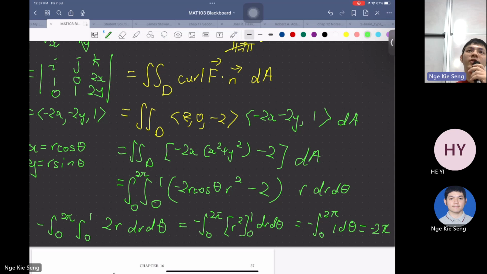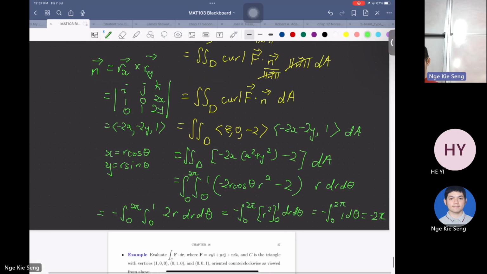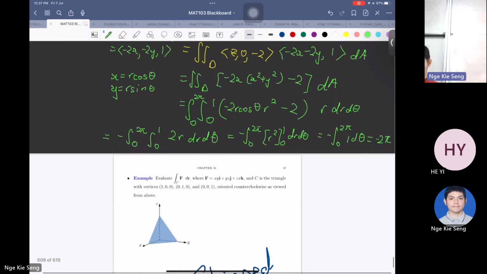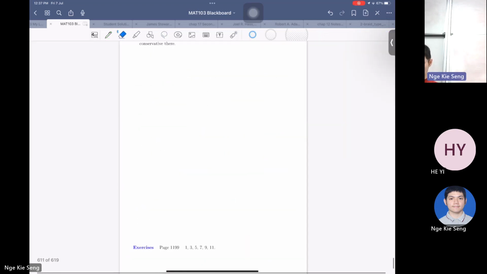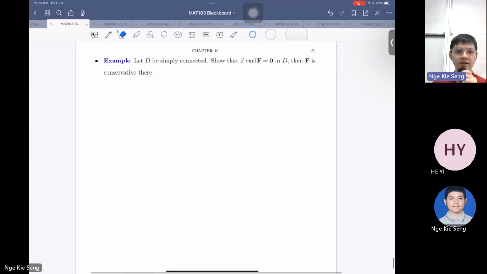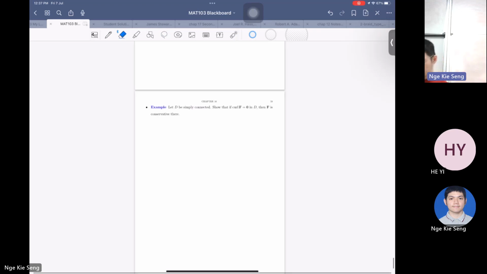You can swap between these two using Stokes' theorem. We have done an example on a surface integral and an example on Stokes' theorem already. There are some questions we just leave, and I will provide solutions. Let's see if we want to do this or not. Maybe we also skip this then. Yeah, let's skip this.